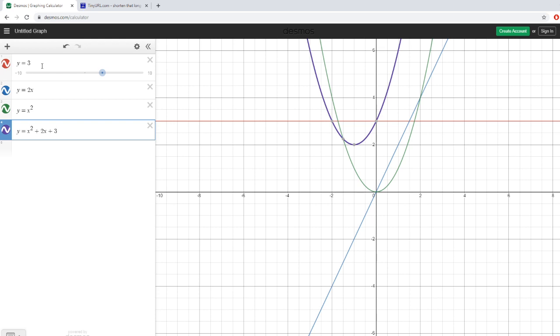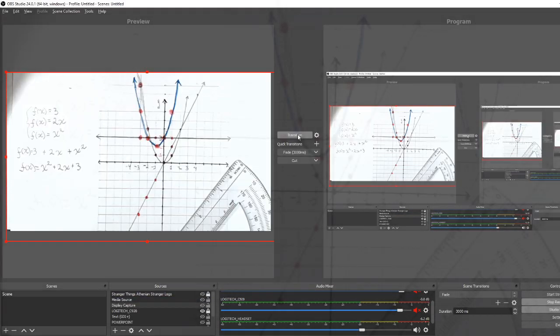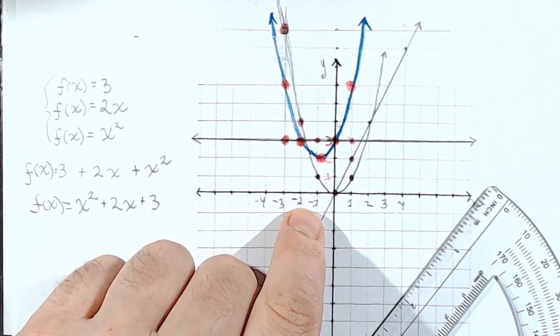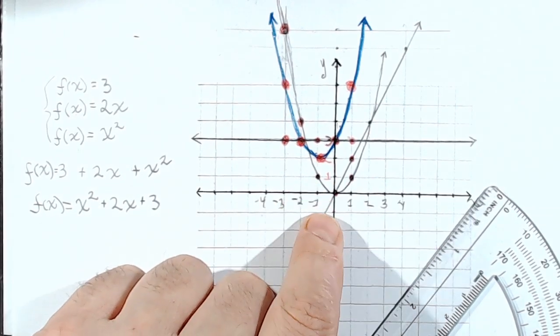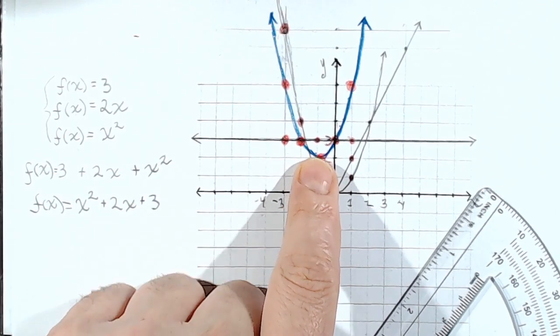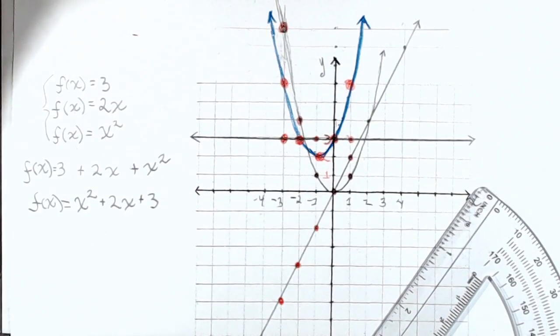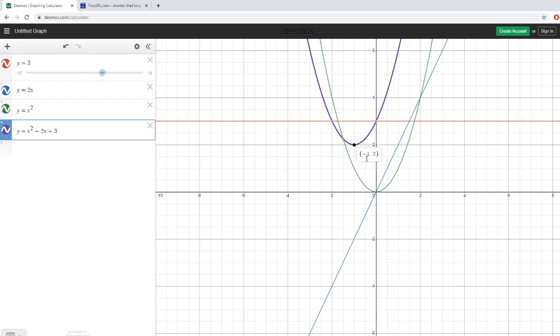Okay, now we thought on our picture, looks pretty good, right? We thought on our picture that at f of -1, when x is -1, we thought y was 2. Let's see if we're right. There it is, -1, 2.